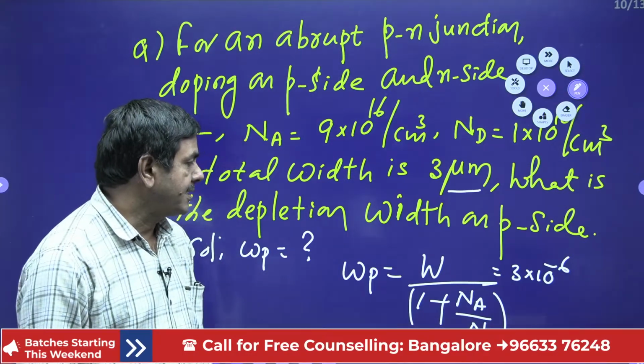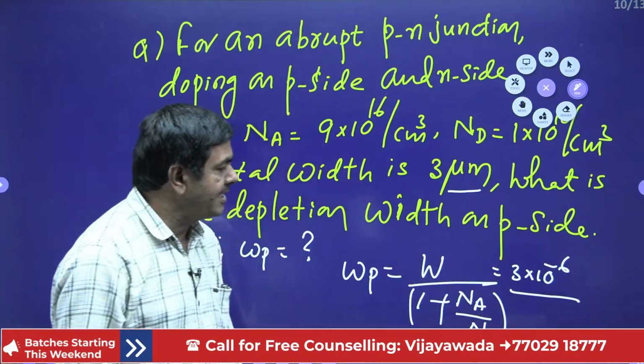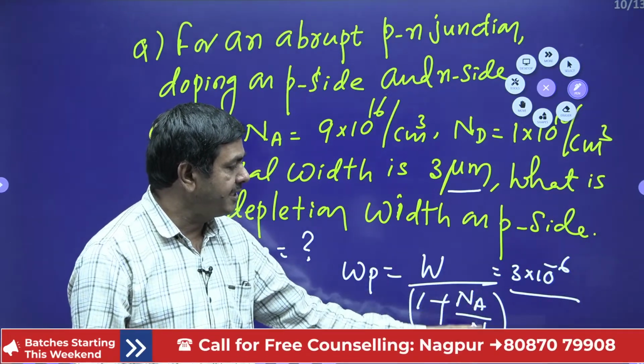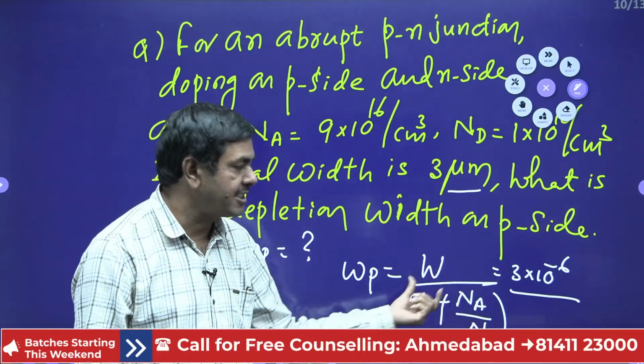No need to convert into centimeters, because NA is per cm cube and ND is per cm cube, so they cancel and it becomes a constant value.